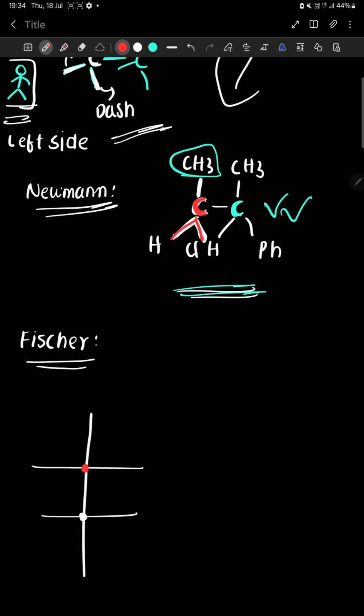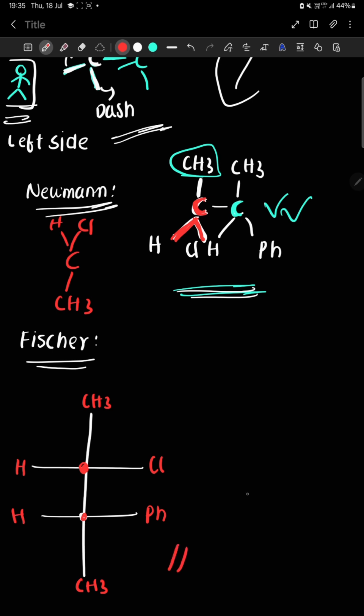If the situation was reversed, like C, H, Cl and CH3, then we would have put the first carbon atom here. Because the first carbon atom has both branches downwards, we put it first. So CH3 is over here, Cl, H, C, CH3, Ph, H.